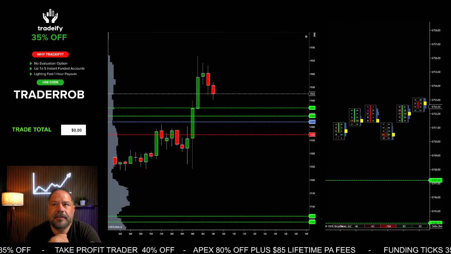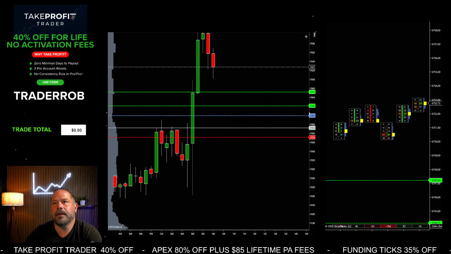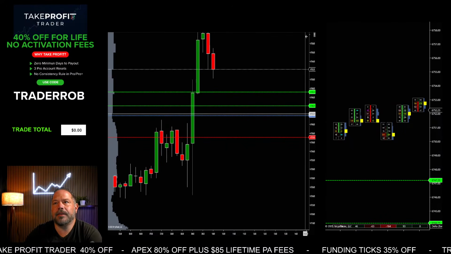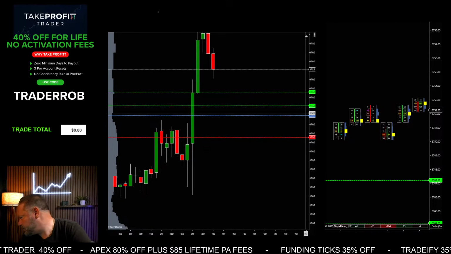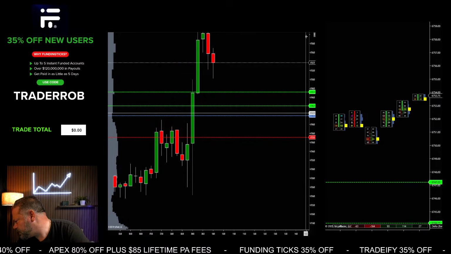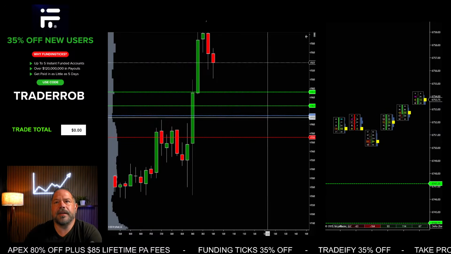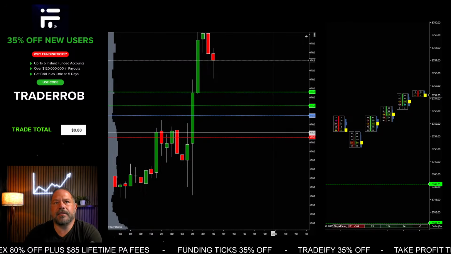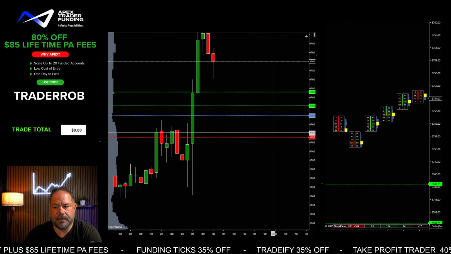Okay, so the 6742.50 is where all of the volume now is being placed, very strongly. So they're defending this level here at the 6742, 42.50, very strong.